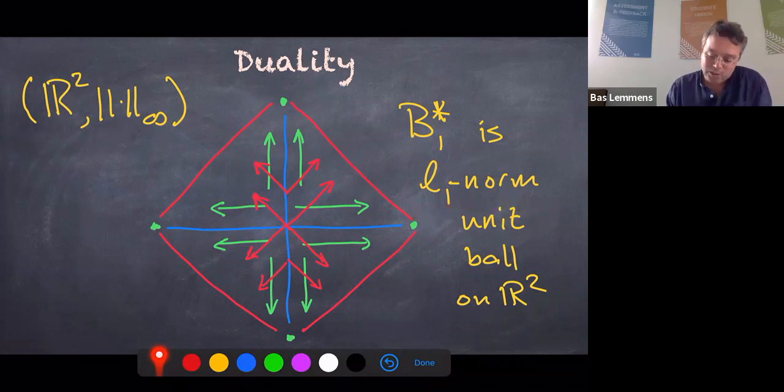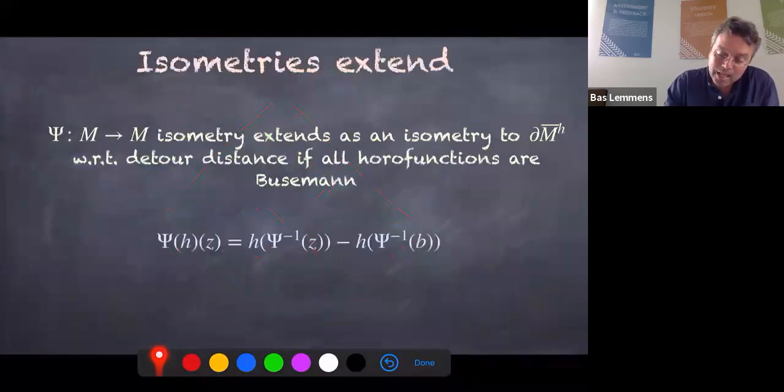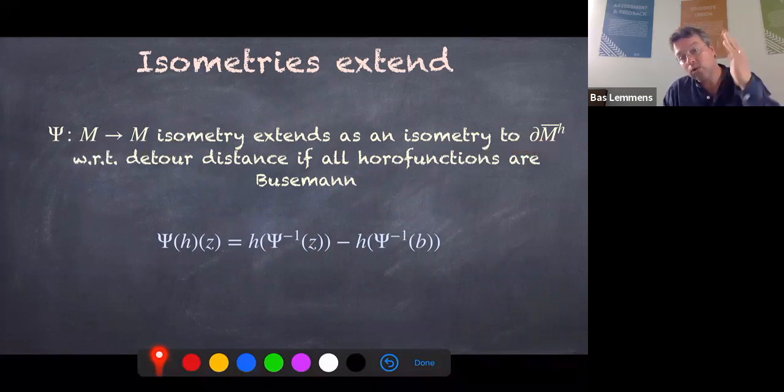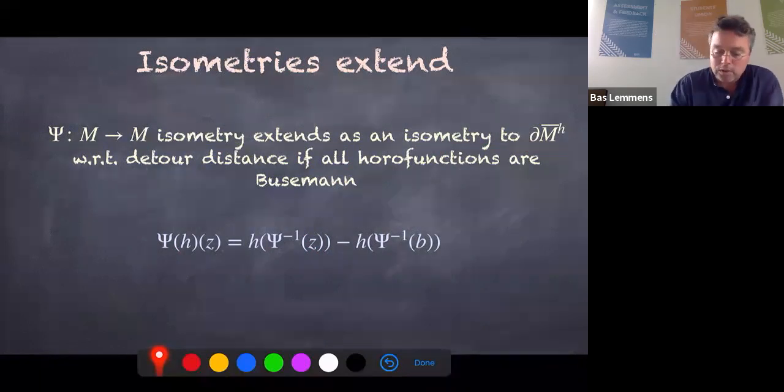Okay, so what's the strength of this detour distance and detour metric? Well, really, what you have is that any isometry on your space extends as an isometry to the Horofunction boundary in case all Horofunctions are Busemann points with respect to the detour distance.